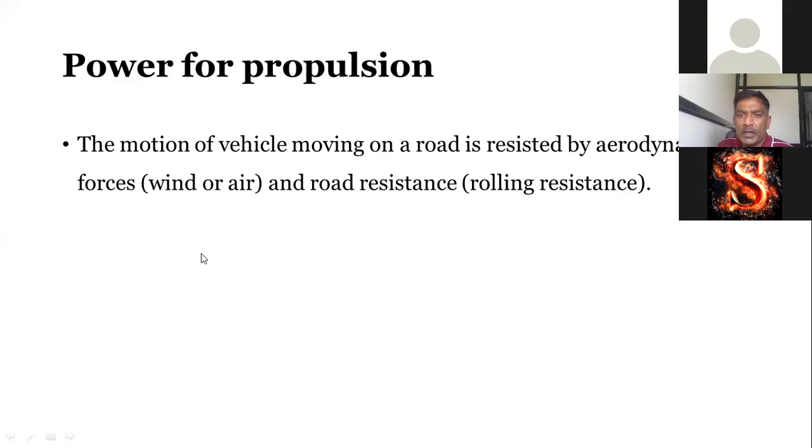Generally we have seen that the motion of a vehicle moving on a road is resisted by aerodynamic forces, which may include sometimes wind or air, and road resistance, that is rolling resistance, whatever resistance is offered by the road during motion of the vehicle.